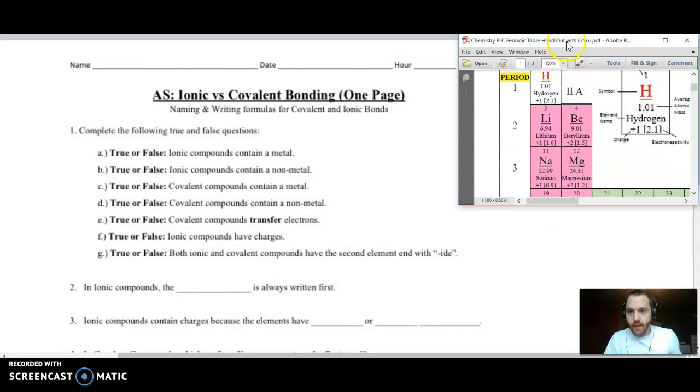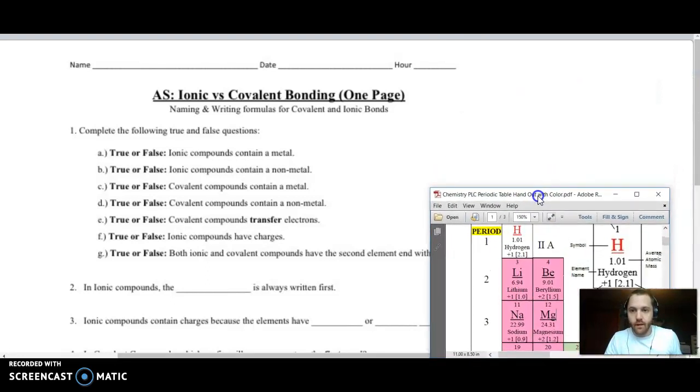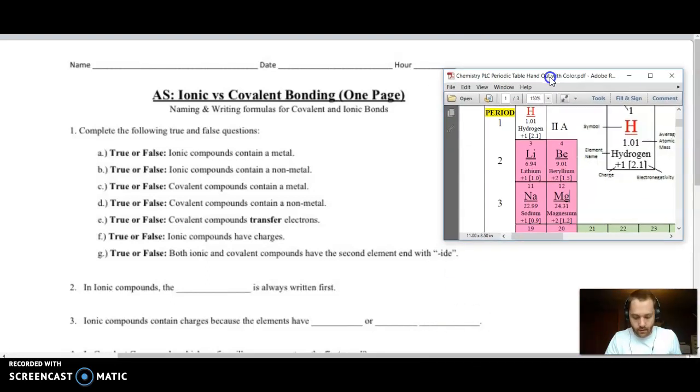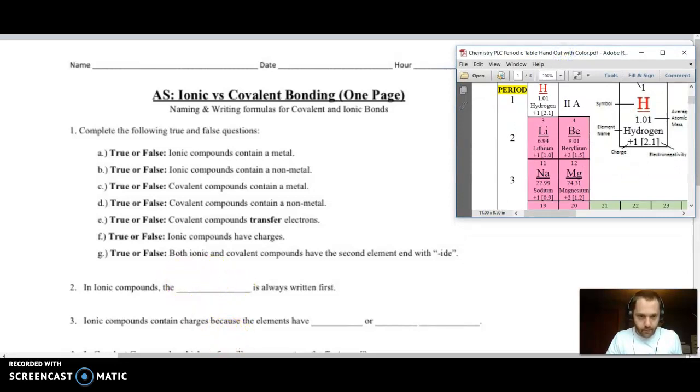Easiest way to do that here, I'm just going to hide the periodic table for a minute because we don't need it. Actually, maybe I'll just scroll this over.